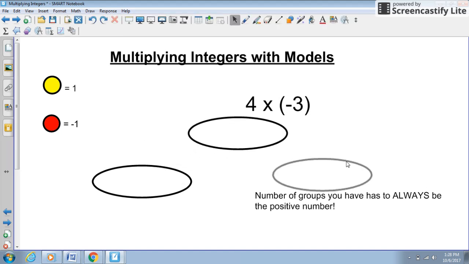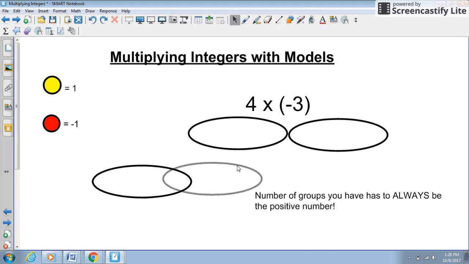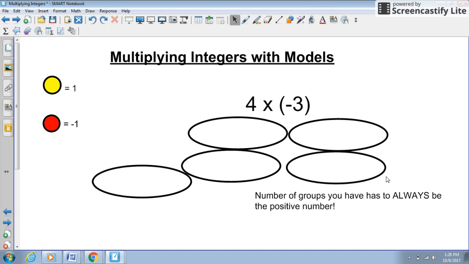So 1, 2, 3, 4 groups. And now I'm going to put 3 negatives in each group.